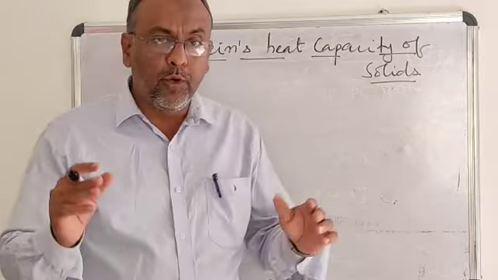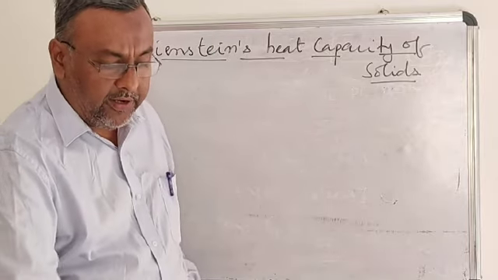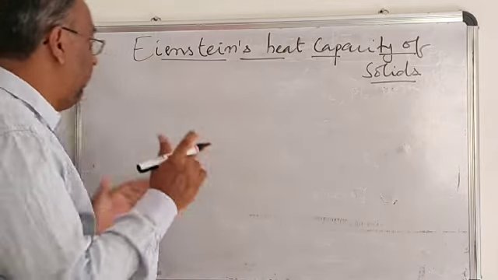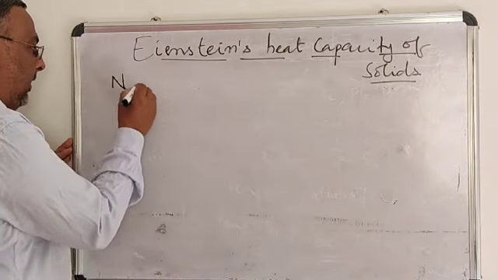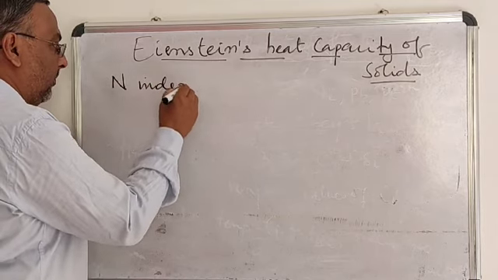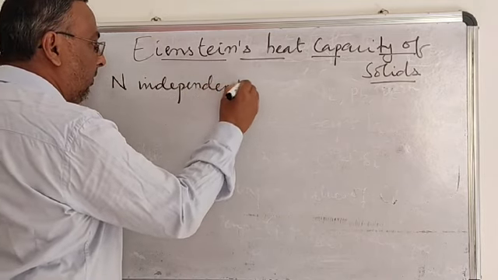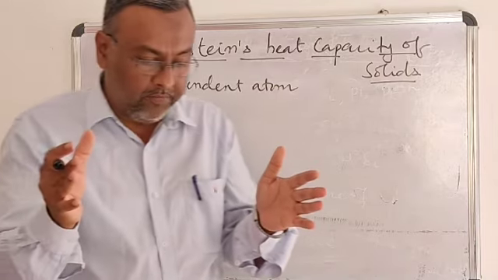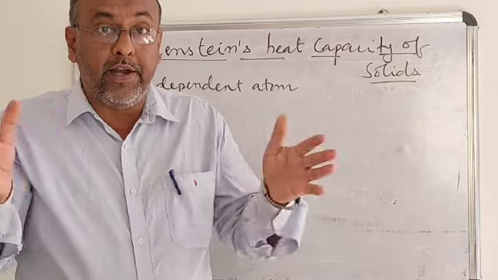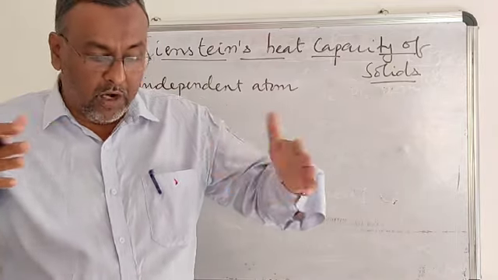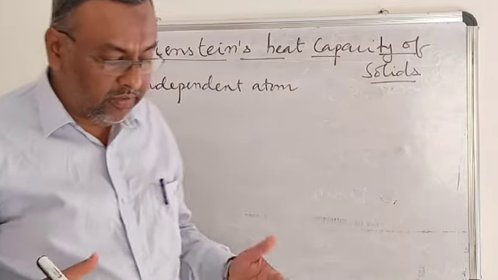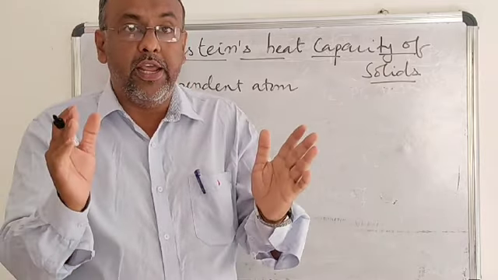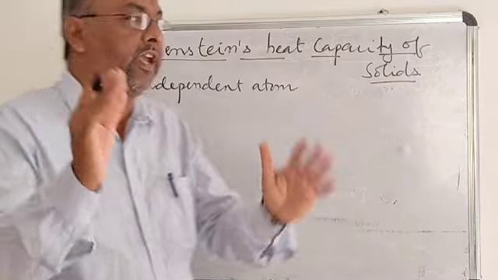Einstein proposed a theory according to which a solid containing n independent atoms, the total number of atoms in a crystal, vibrate independently in simple harmonic motion. They assume that the energy is not continuous, it is only in integral multiples of h nu.